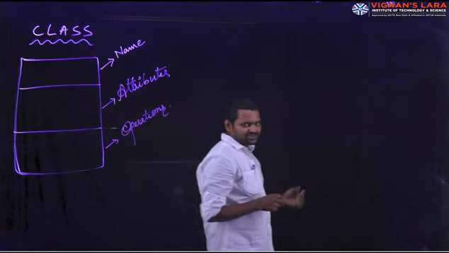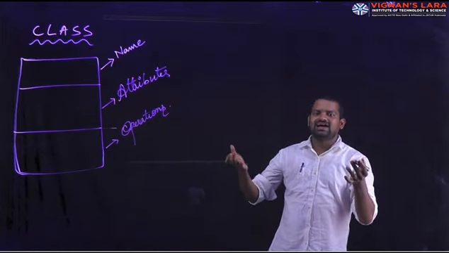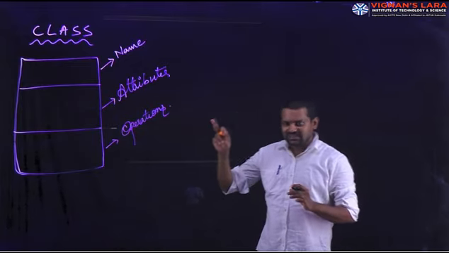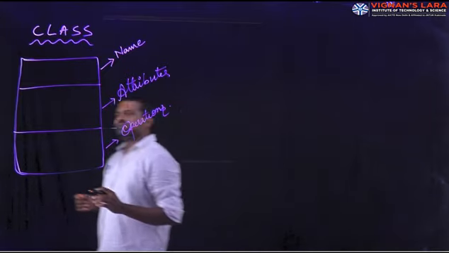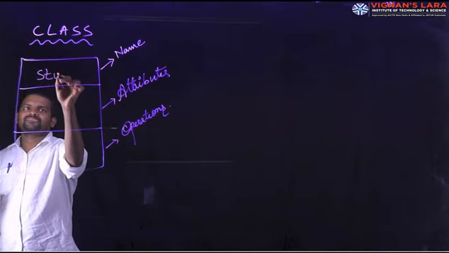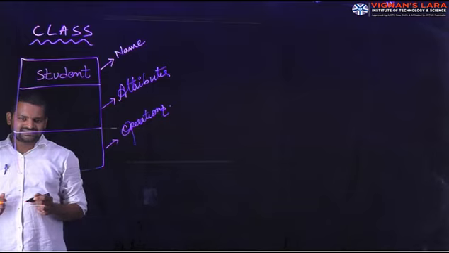Recollect the information we learned in the previous classes. A class can have three compartments: class name, class attributes and the operations. For example, if I want to write a class Student, Student is a class.